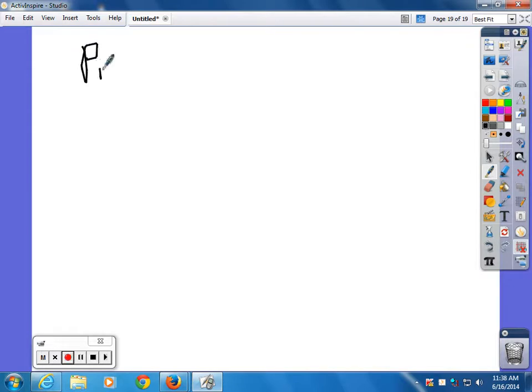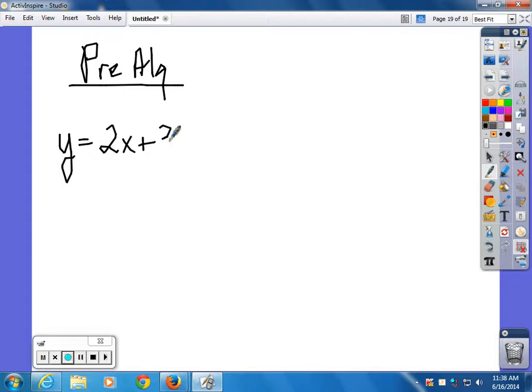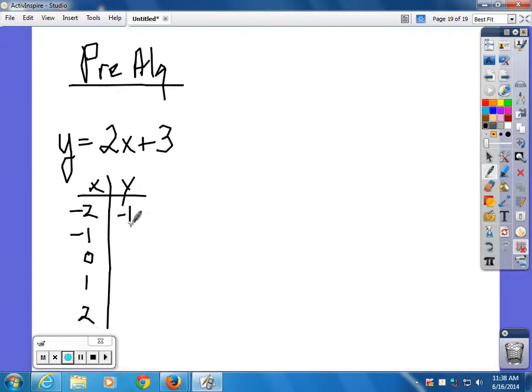In pre-algebra, you were given y is equal to 2x plus 3, and you were told to do this, and you went through, and negative 2 times negative 2 is negative 4, plus 3 is negative 1, negative 1 plus 3 is 1, 0 plus 3 is 3, and 1 plus 3 is 5, and 2 plus 3 is 7.